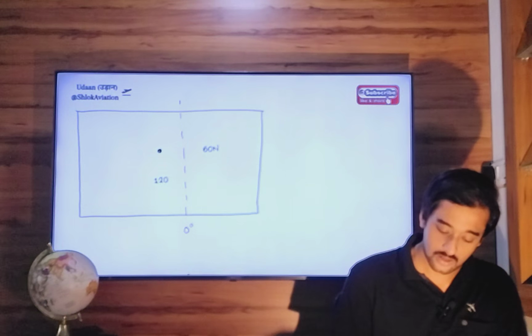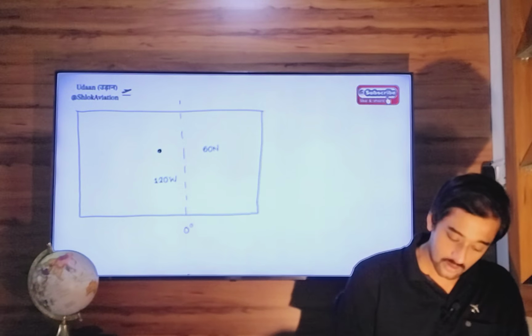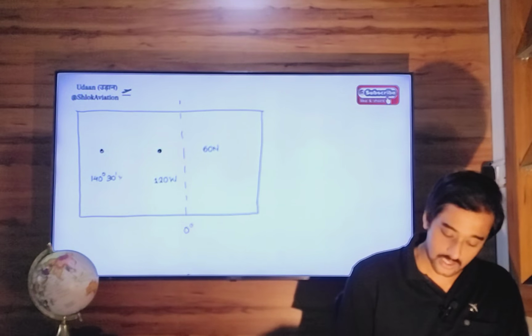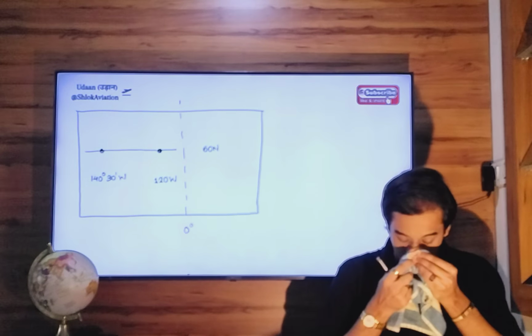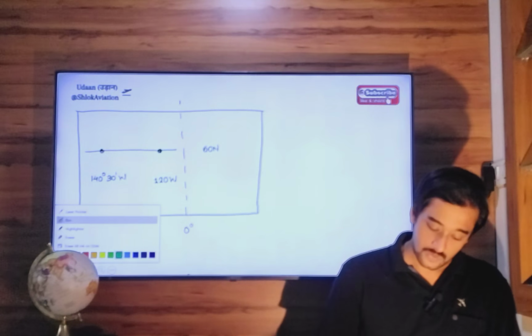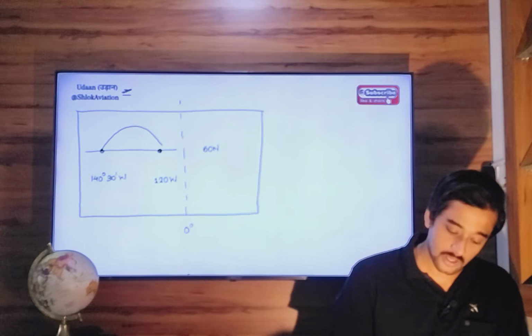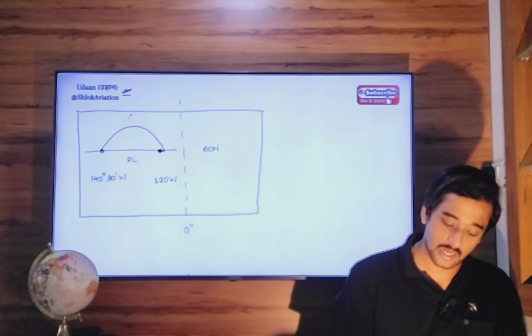The second position is 60 north 140 degrees 30 minutes west. Now both are in the north hemisphere. So the great circle track will be like this, passing to the nearest north pole. So this is your rhumb line track, this is your great circle.